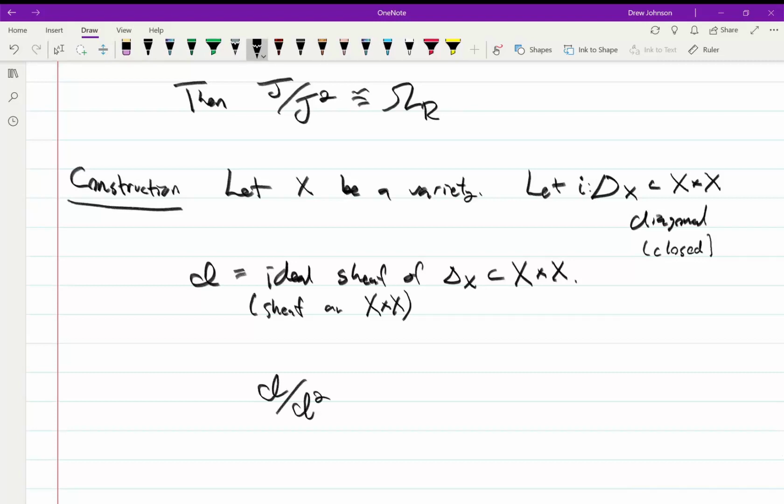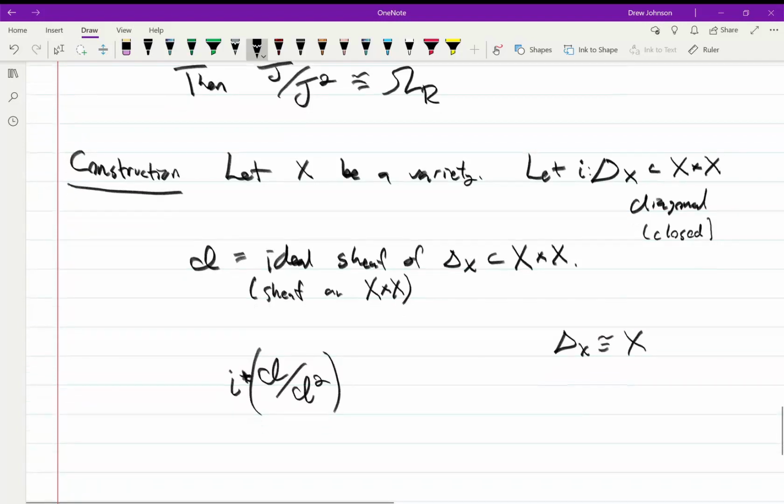So you can think about why that makes sense to do with a sheaf of modules. And then we'll just pull it back to the diagonal, right? And remember that the diagonal is isomorphic to X itself. So let me write that over here. So the diagonal is of course isomorphic to X. So this thing here, after composing with this isomorphism, we'll call this omega X.